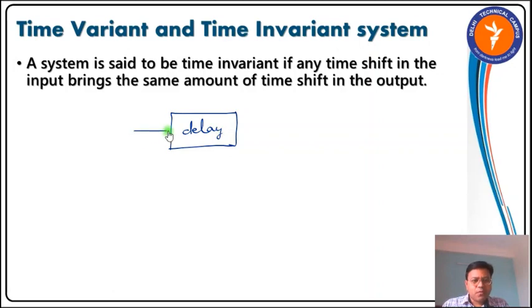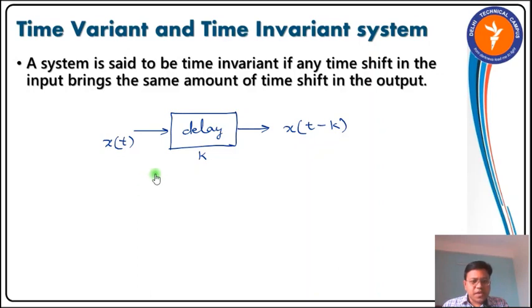That means whatever signal I am feeding into it, say I am feeding a signal x of t, then it will cause a certain delay into the input, and then in the output the signal will be reflected. Say it is producing a delay of k, then in the output I will get x of t minus k. This minus represents that the signal has been delayed by a factor k.